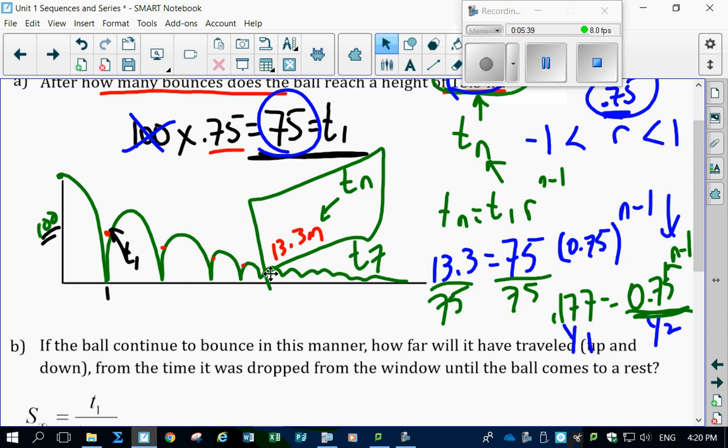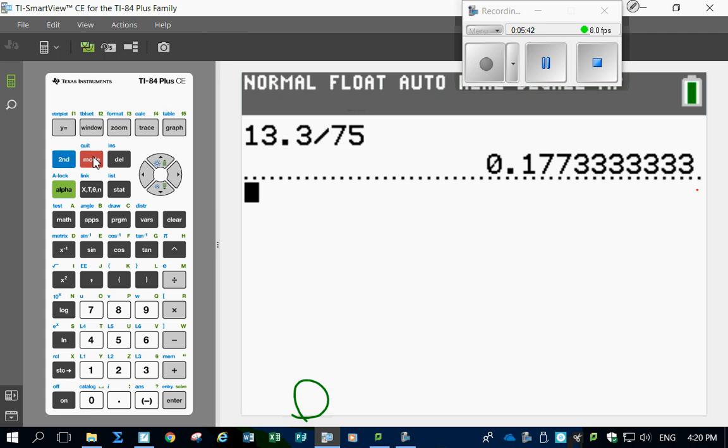Let's just do it. Okay, so here we go. Second quit. Clear this out of here.